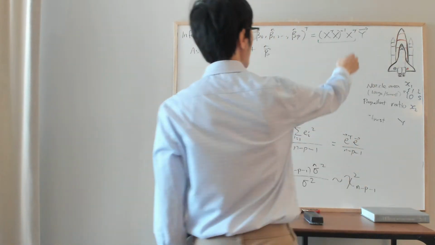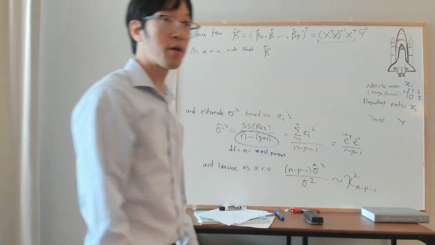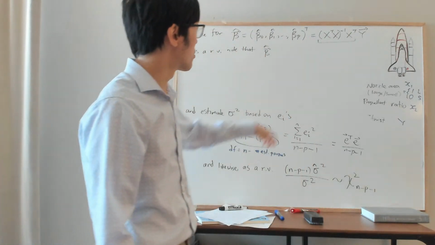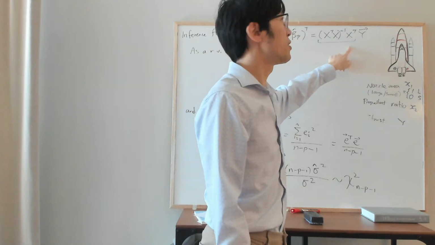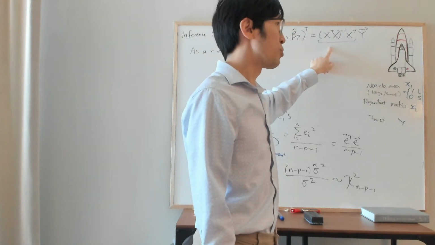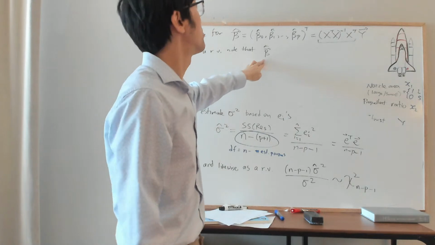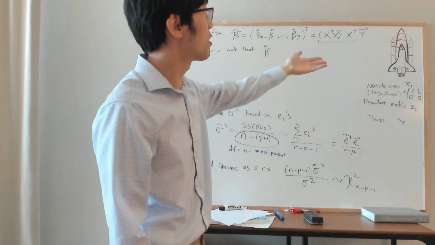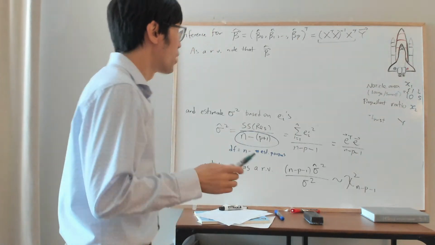Remember we were assuming all our x's are known constants. So all of this is simply a matrix of constants. In essence, beta hat is a matrix of constants times a random vector y.